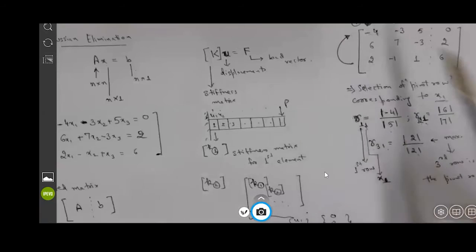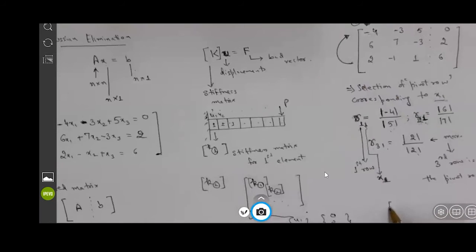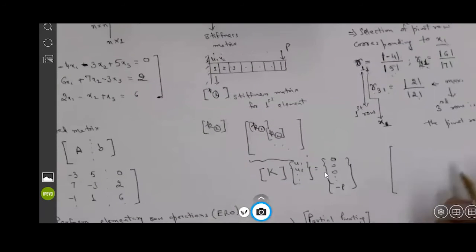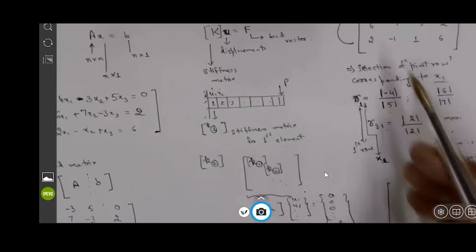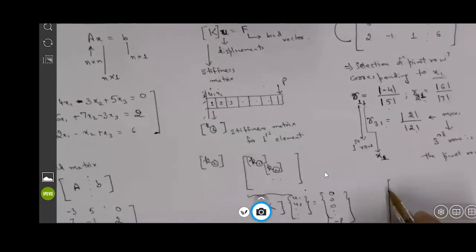Then I interchange that. When I interchange, the new equation will be written as: this goes to the first row, so it becomes 2, -1, 1, and 6. The second row remains as it is.